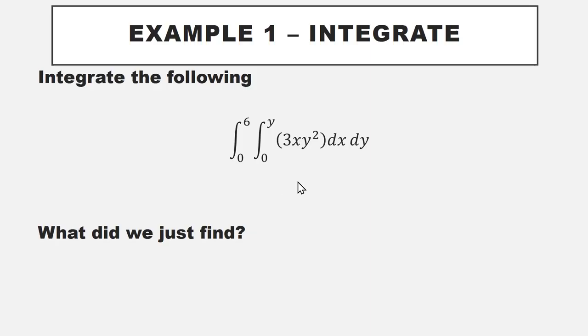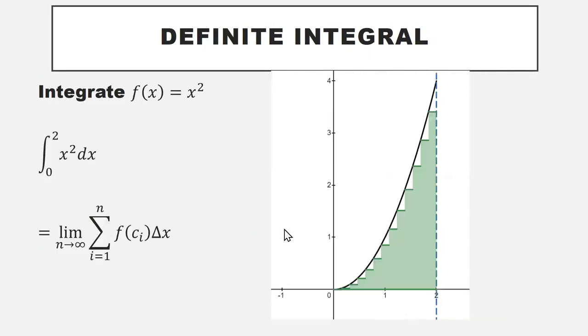So this double integral was 2,332.8, and I'm claiming it's a signed value. One way you can think about this is that because we integrated with respect to x, and then with respect to y, instead of having just one summation with respect to x, which gives me an area, now I'm going to have another summation with respect to y, and so we're going to add a dimension.